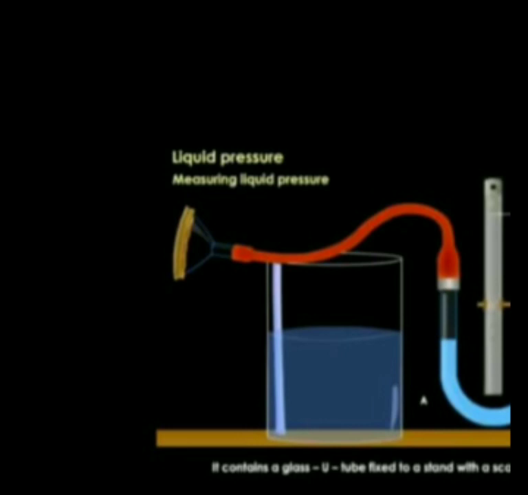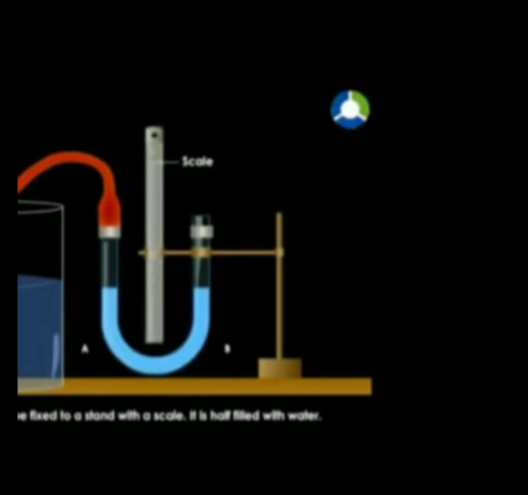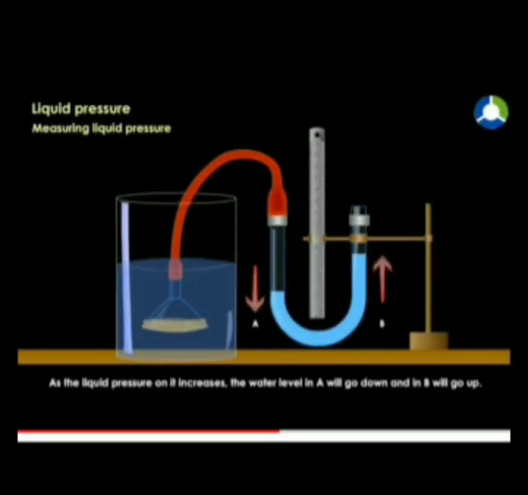The pressure exerted by the liquid, you can see in another diagram, pushes the mercury column in the U-shaped tube rightward.